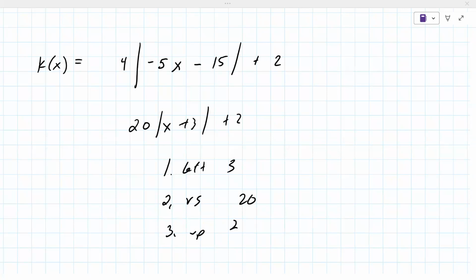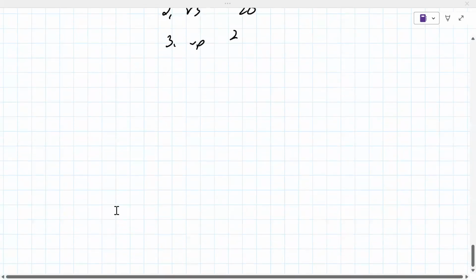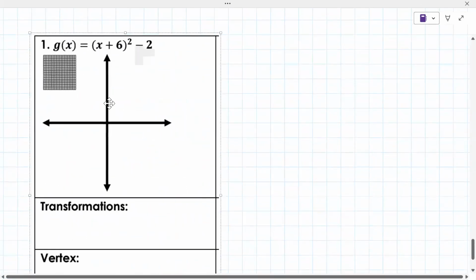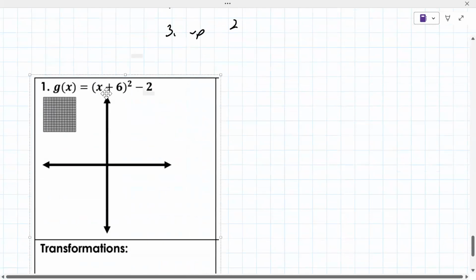Okay. Here's one of the questions for homework tomorrow. This is the type of question we'll be going over for 2.3. We're gonna start getting an idea.